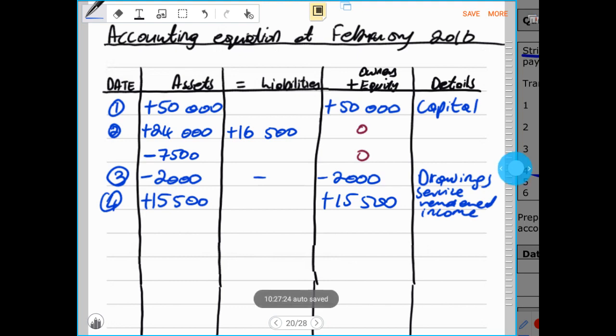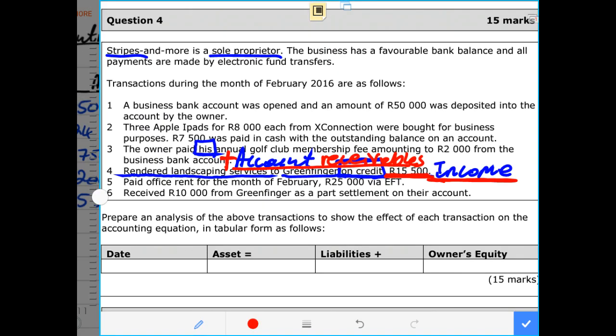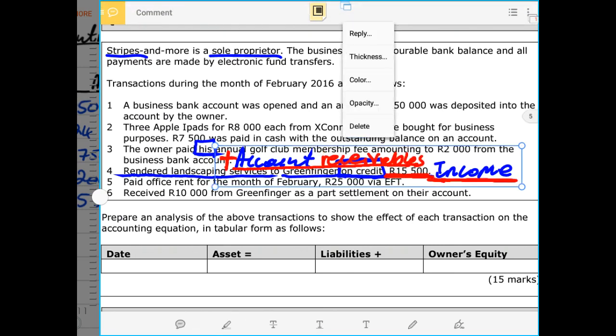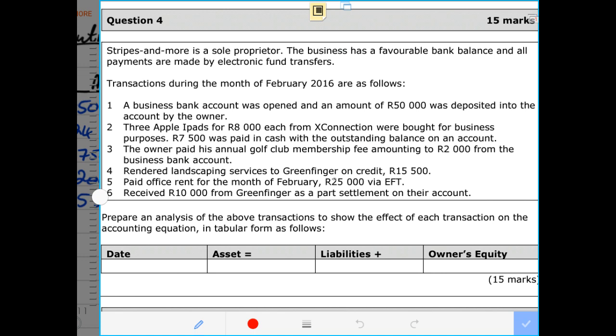Then now we have recorded the rendering of the service, the income, which was rendered on account. Take note, it was rendered on credit. So now whenever you do something on credit and the customer does not pay, that becomes an asset, which is called account receivables.